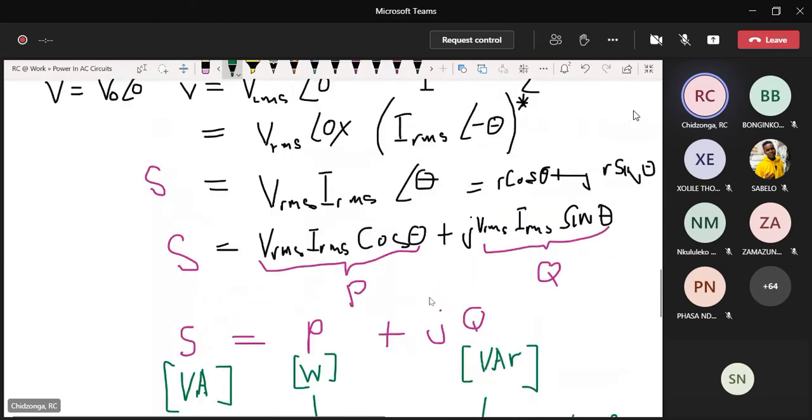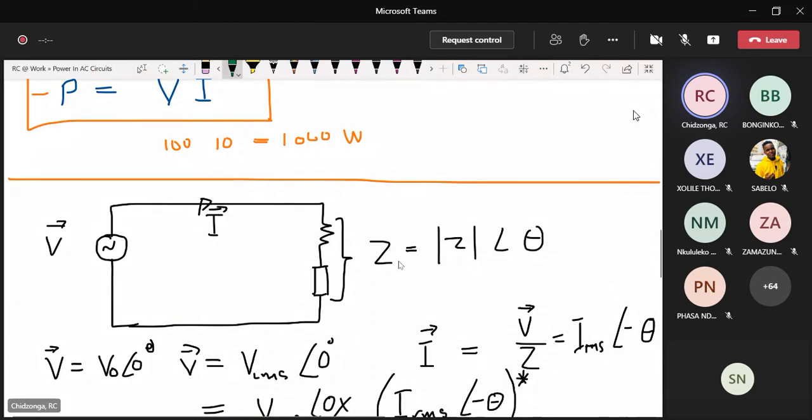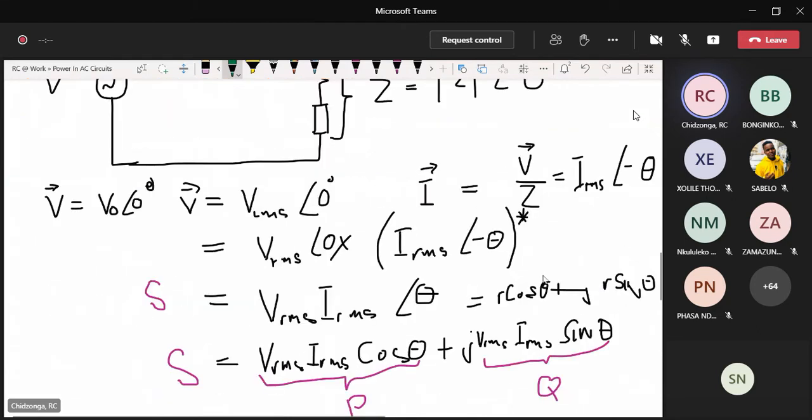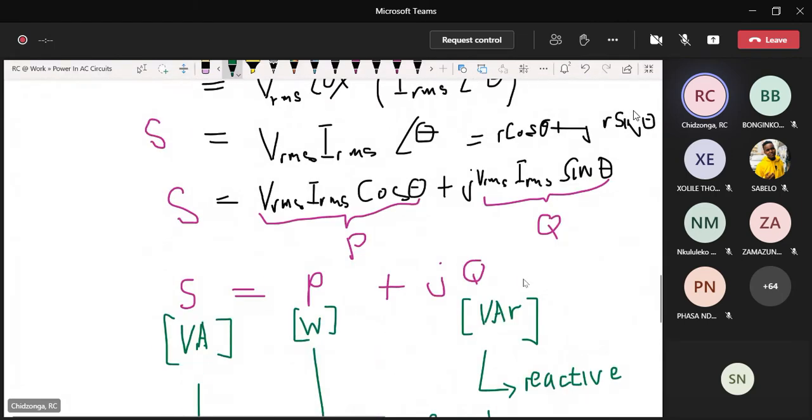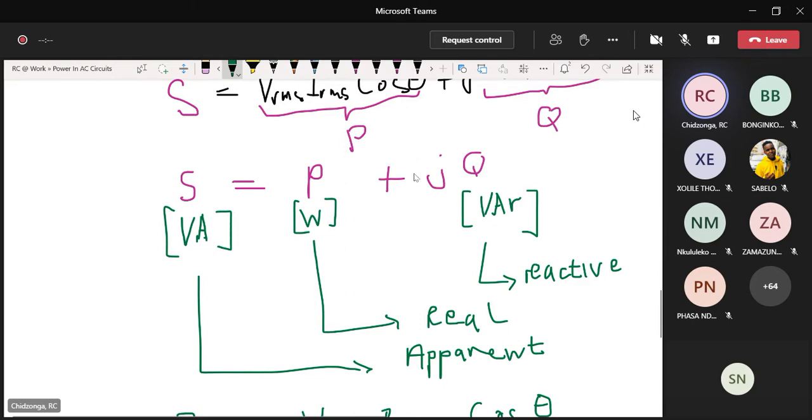Now here I've used Z as an impedance which is inductive. If my impedance was capacitive, you'll find that this here will be negative. So in general, this is plus or minus. It is plus for an inductor, and it's minus for a capacitor.